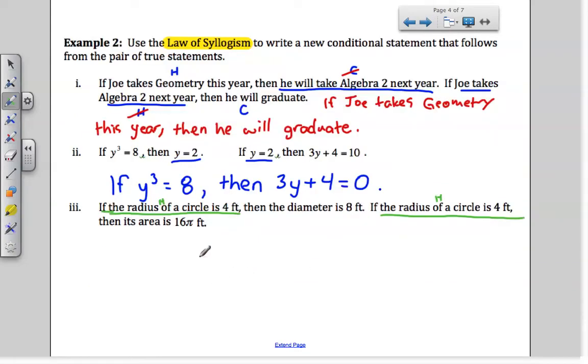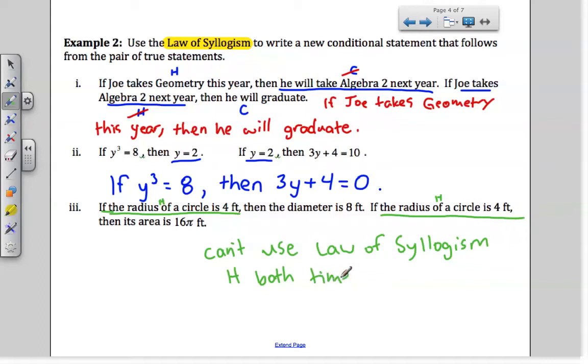We can't use law of syllogism here because we don't have one conclusion repeated as a hypothesis. Alright, so make sure that it doesn't trick you there. You need conclusion repeated as new hypothesis. Here it's the hypothesis both times. Okay? So law of syllogism, law of detachment.